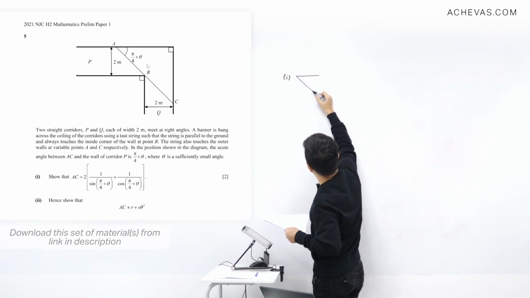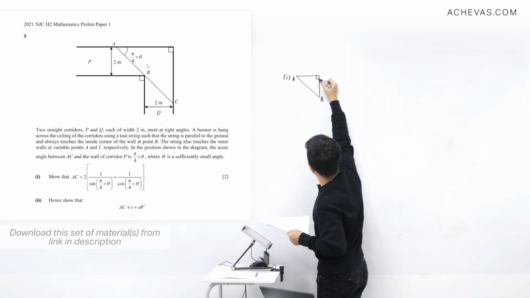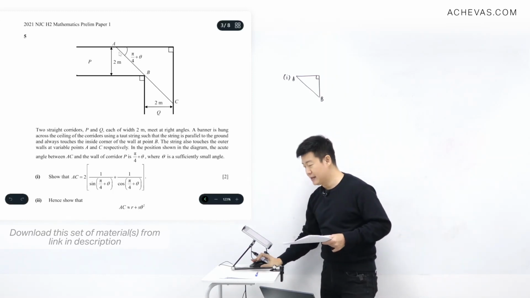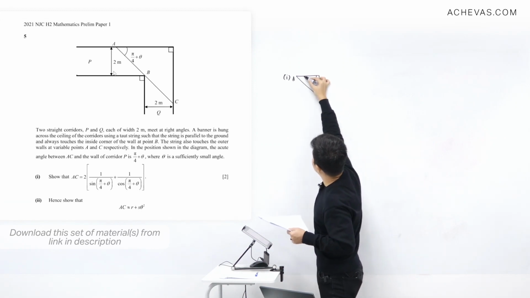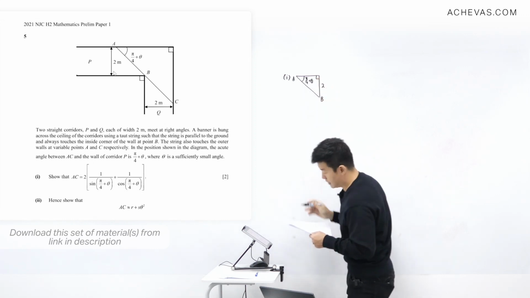AB is here. Okay, A is here, B is here. This is the right-angled triangle that I'm talking about. And since this length here is 2, this tells me that this will be 2. This angle here is given to me as pi over 4 plus theta.